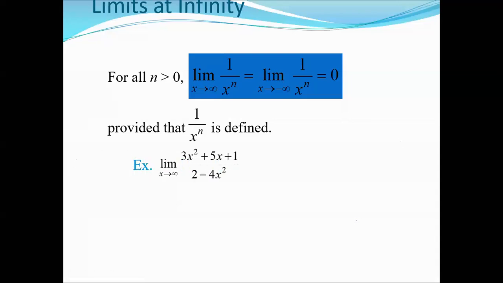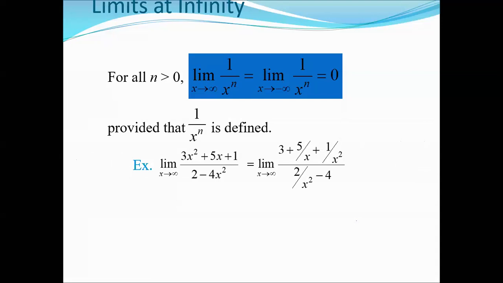So, second example, x tends to infinity. If we take direct substitution as x tends to infinity, then the numerator is infinity as well as the denominator, because 3 times infinity is again infinity, and infinity plus any terms is again infinity. In the denominator, 2 minus 4x square at infinity is also infinite.